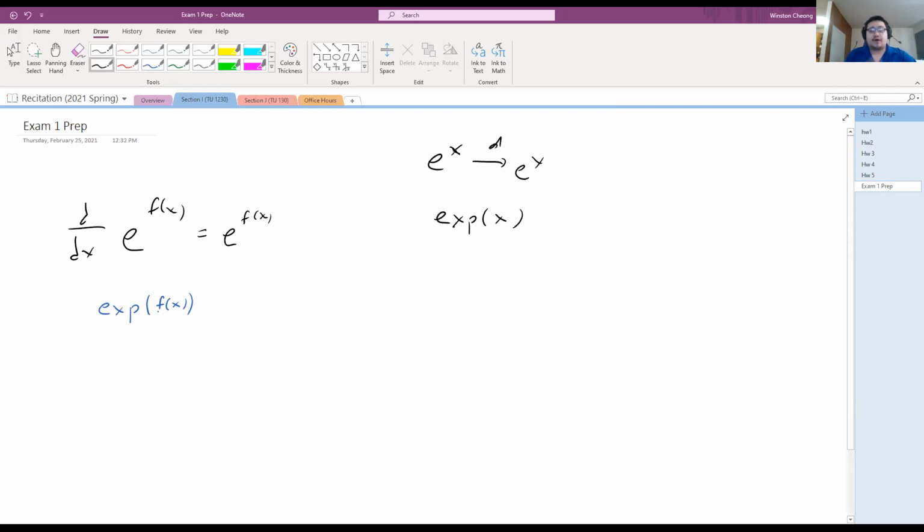And now chain rule says we take the derivative of the inner function, and so that is f prime of x being multiplied. So this guy ends up being your answer in general, right? And so hopefully that explains that. Does that resolve your question? Yes, thank you. Okay, good.